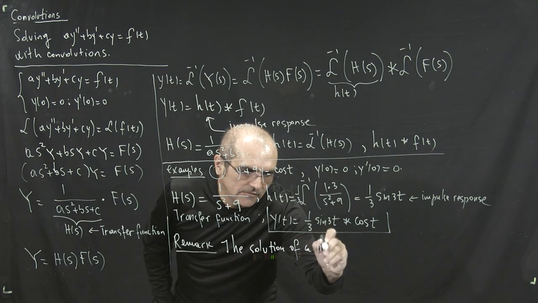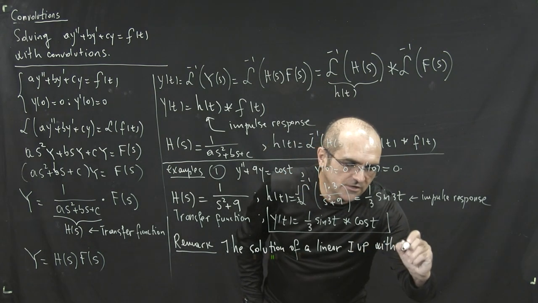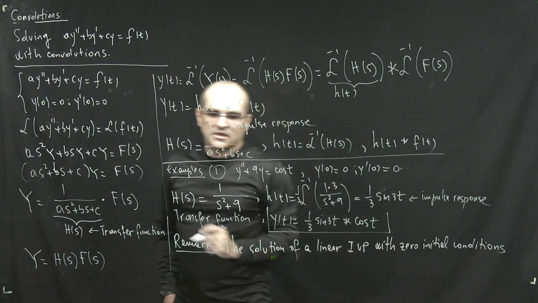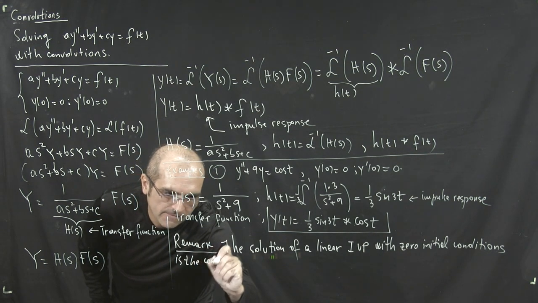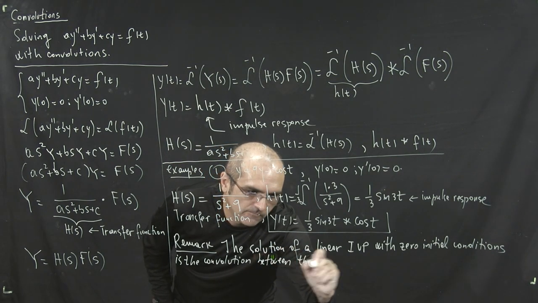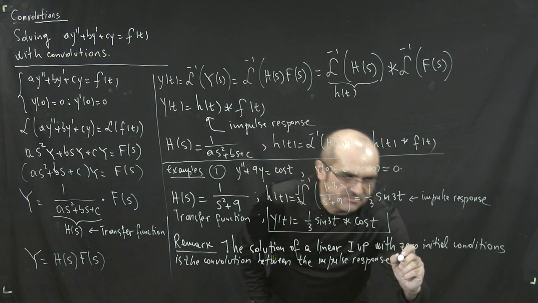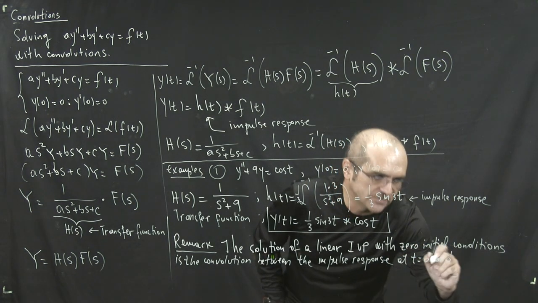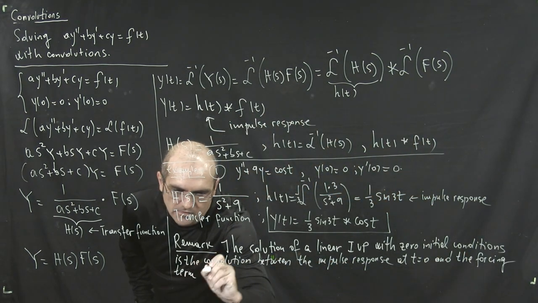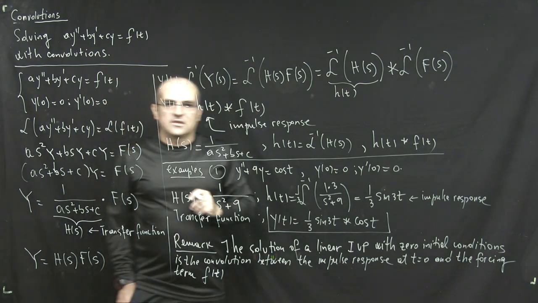So the remark sounds kind of like this: the solution of a linear initial value problem with 0 initial conditions is the convolution between the impulse response at time 0 and the forcing term, f of t, which is denoted by f of t in the way we denote typically a linear ODE.